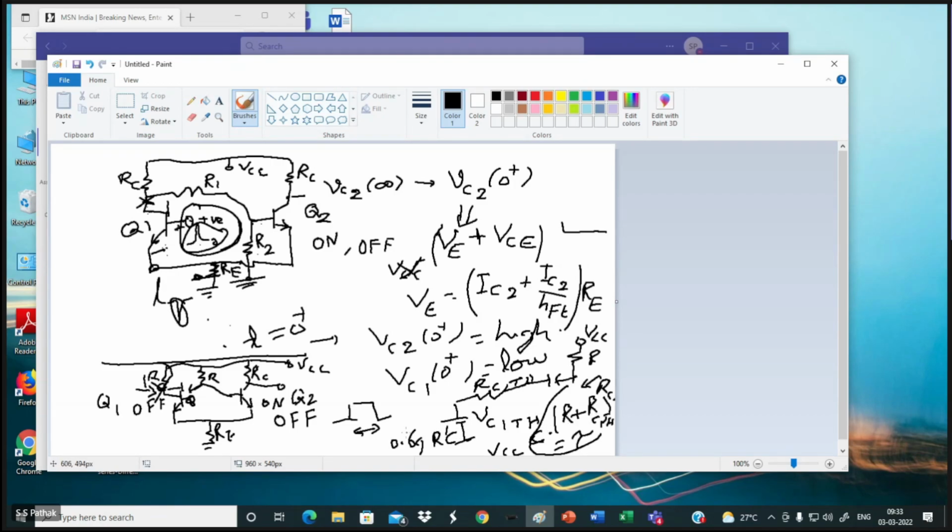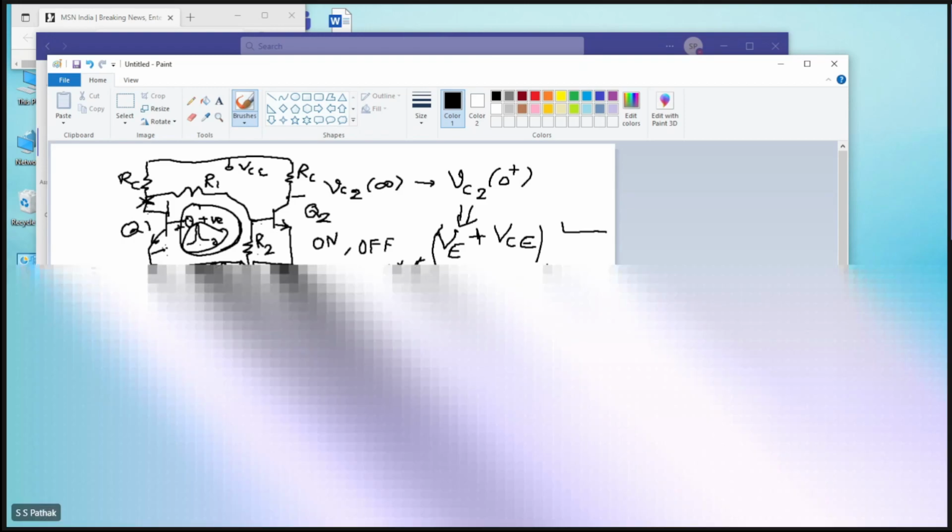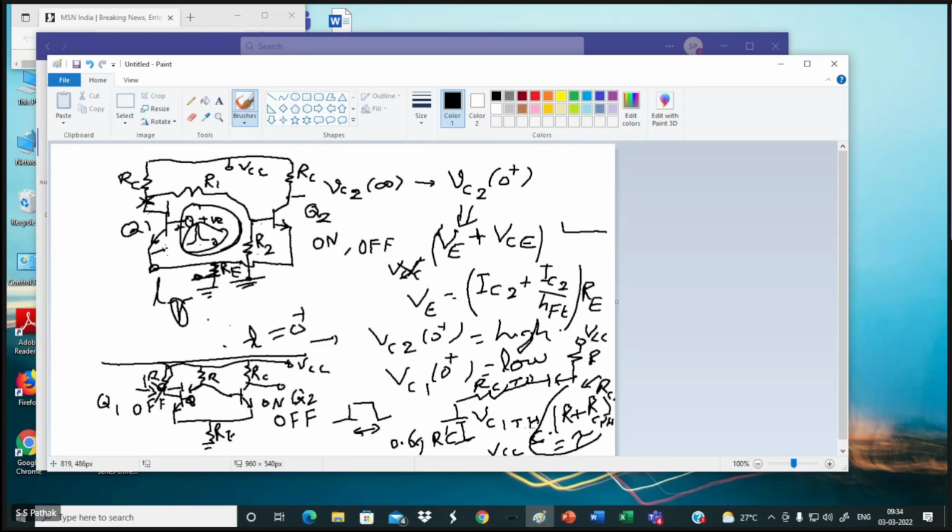So 0.69 R dash, what is it? R plus RC is coming as a resistance, in series you see, so it is your charging. So that is your 0.69 R dash, that is your R plus RC into C. So that way this monostable is working in the emitter coupled case also.